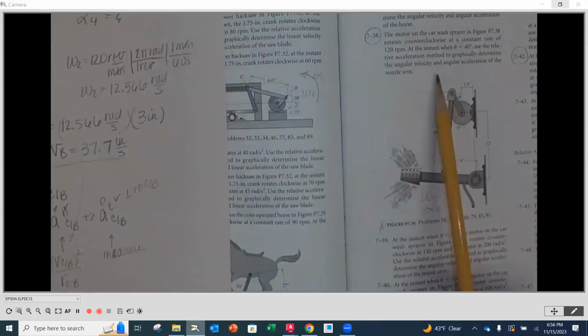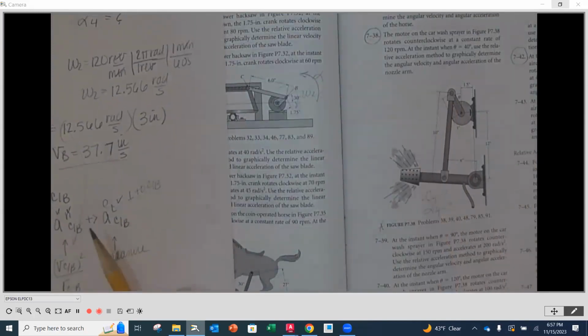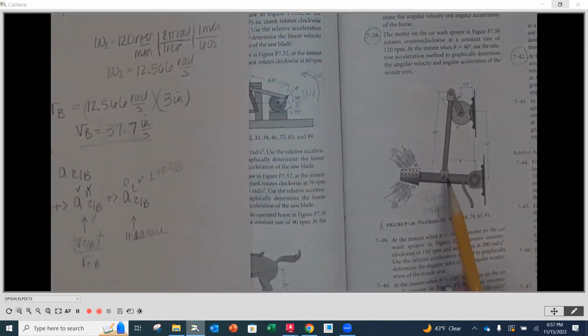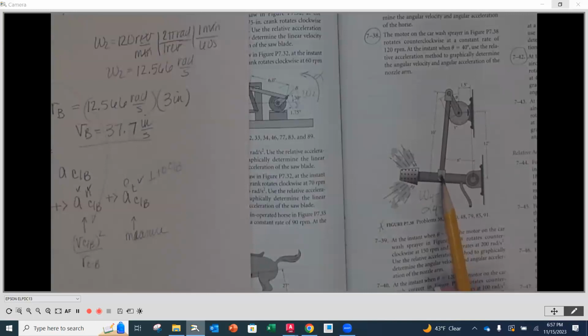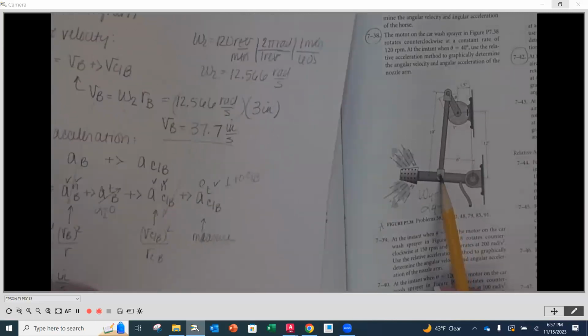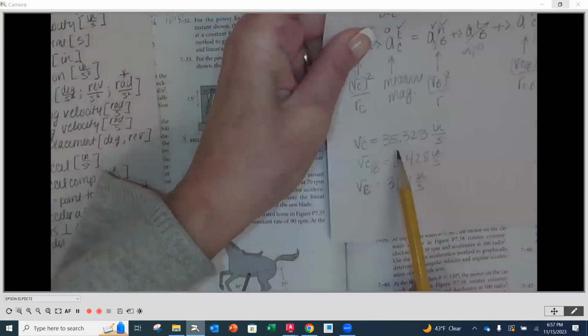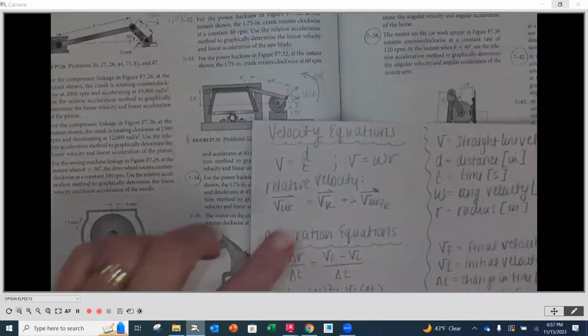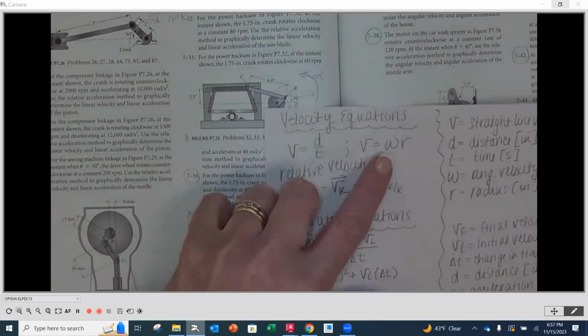Now, the problem asked us for the angular velocity of that nozzle arm, which is our W4. We can calculate W4 now. So W4 is here, and we know that our point C was at that location, and we know what the velocity of C is. To calculate W, we can just rearrange this equation.